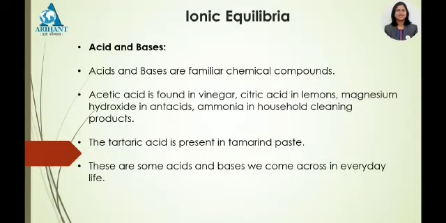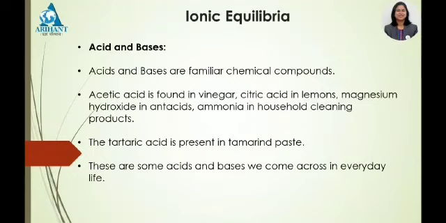Acids and bases are familiar chemical compounds. Acetic acid is found in vinegar, citric acid in lemons, magnesium hydroxide in antacids, ammonia in household cleaning products, and tartaric acid is present in tamarind paste.